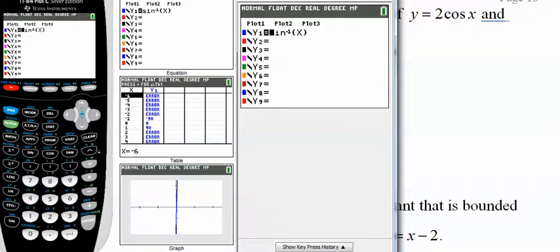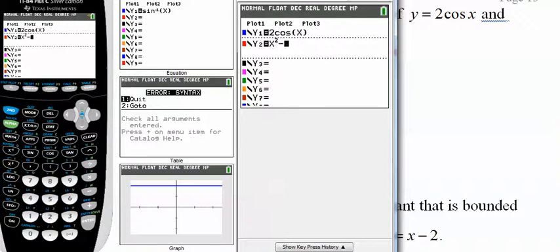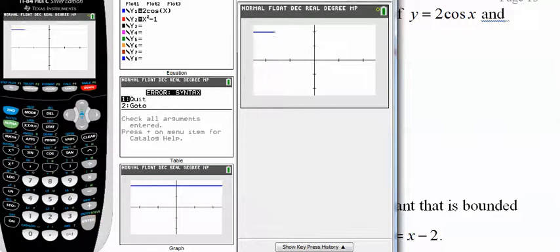So, 2 cosine of x and x squared minus 1, graph. Hopefully my graph is not too far off.